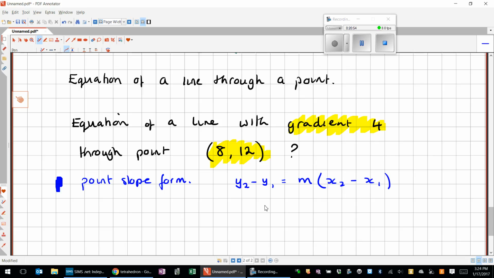So these coordinates that I'm given, I'm going to use as x1 and y1. So the y2 just becomes y minus 12 equals gradient of 4 times x minus x1, which is 8.